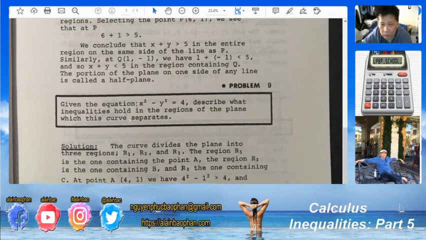So you need to graph this hyperbola by using the form x squared over a squared minus y squared over b squared equals 1. In this case, you just divide both sides by 4, then you have x squared over 4 minus y squared over 4 equals 1.